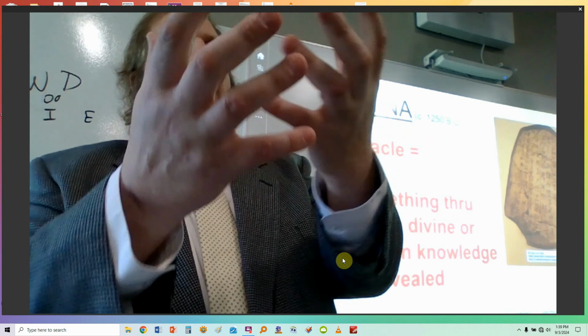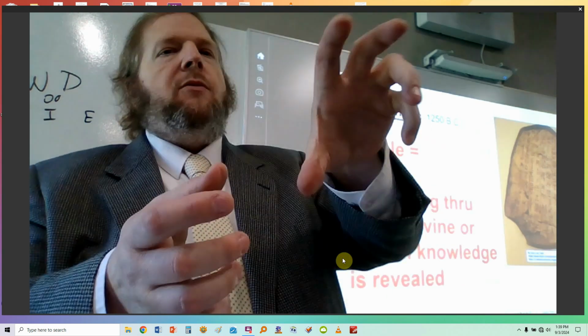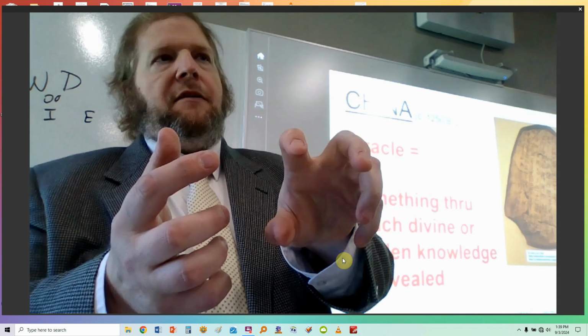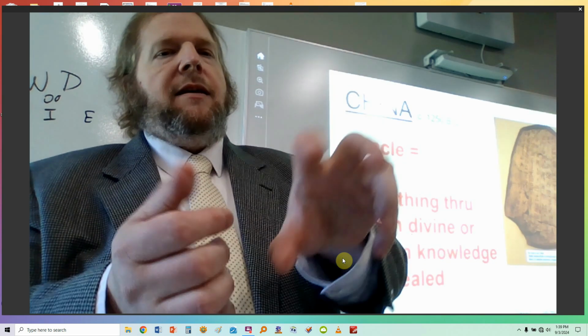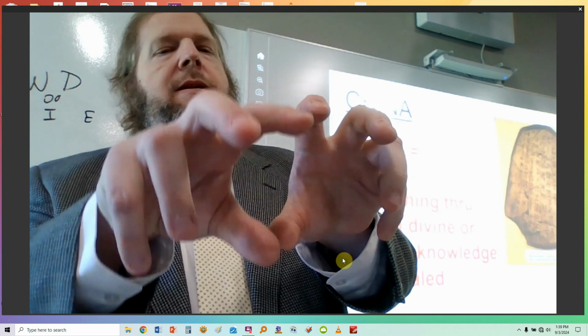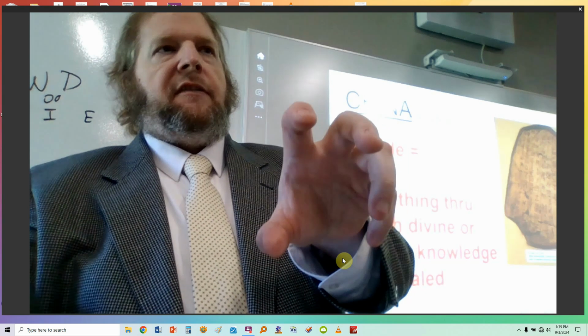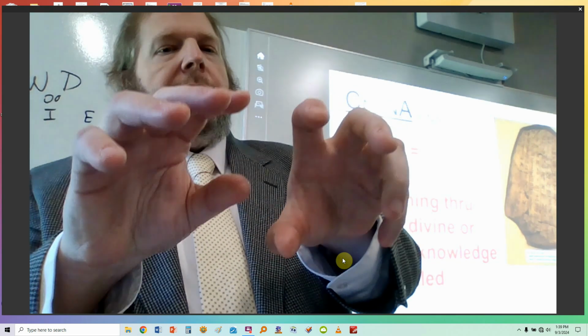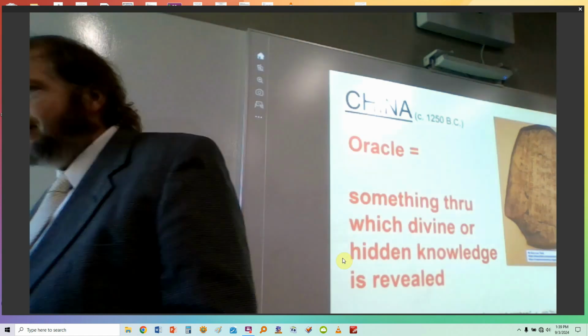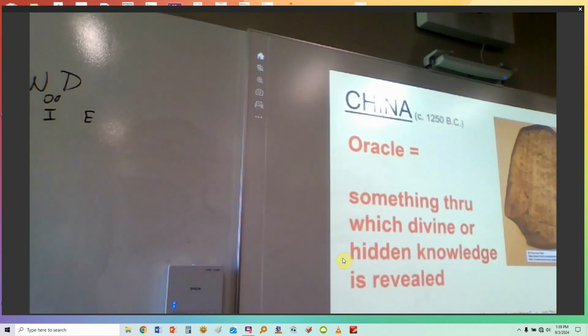So you have the concept, the idea, and then they write the picture of what the word should be pronounced as. So you know, okay, it's ma, but this picture tells me that it's supposed to mean mother and not horse. So it's ma, not ma. Okay, so it's very complicated with picture writing. Thank God for the alphabet.